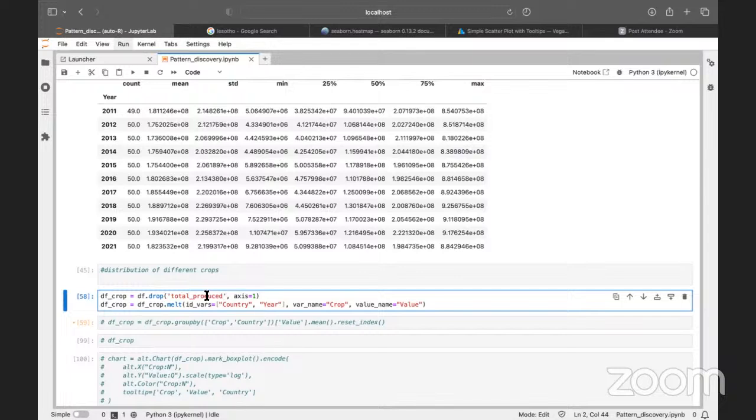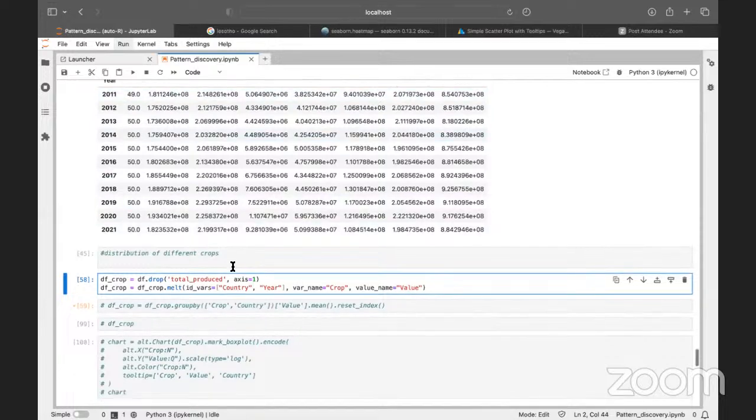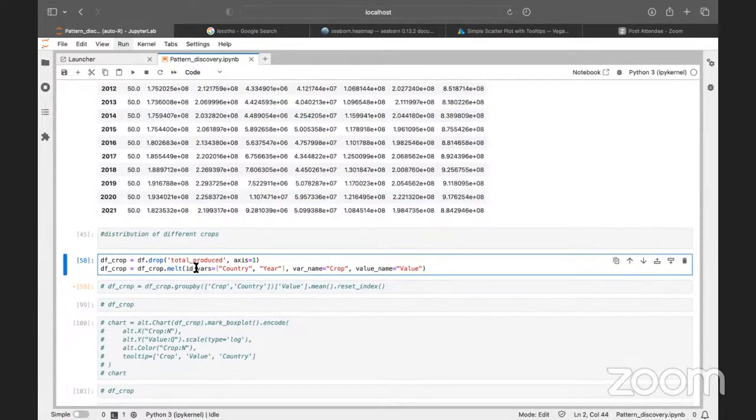If you don't specify the axis, then it's looking within the index for the value that you have specified here. It's going to look at the index to match that value and drop that corresponding row. But this explains it: specify the axis and then it knows to look among the columns to drop that column. So, okay, moving on quickly.